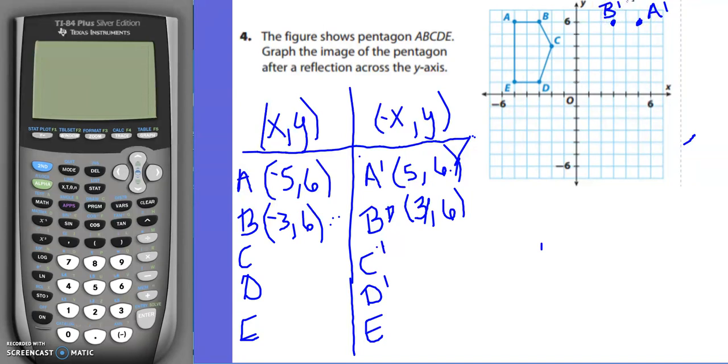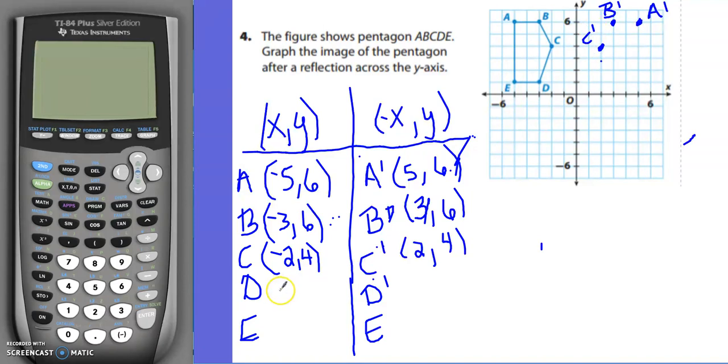Okay, the ordered pair for C is negative 2, 4. So we go over to the left 2, up 4. The opposite of negative 2 is 2. We keep the y the same. So we go to the right 2, up 1, 2, 3, 4. We call it C prime.